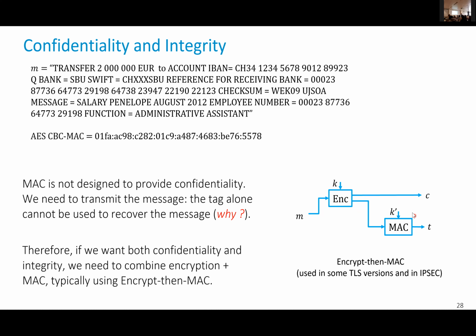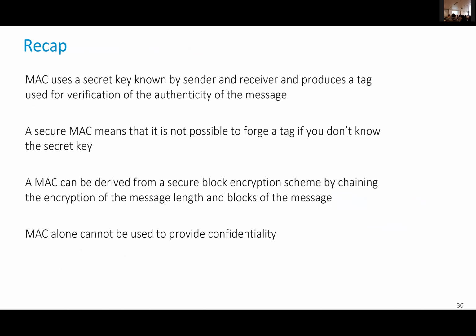When I receive this, I will use the key K prime to validate that there has been no tampering, no modification by an attacker of the message that I've received. Only then can I believe that C is really what has been sent by my correspondent, and then I can start decrypting it. This is how they are typically combined.